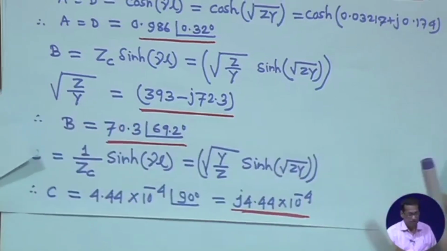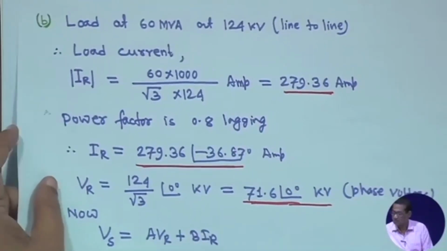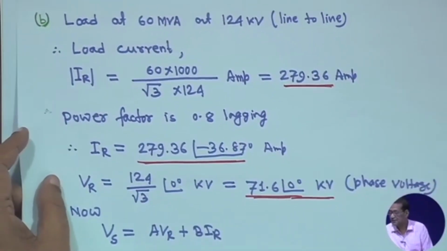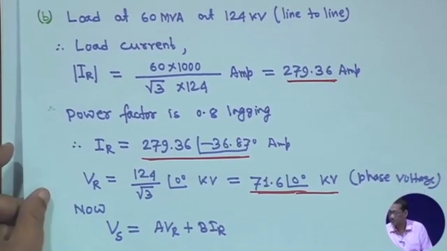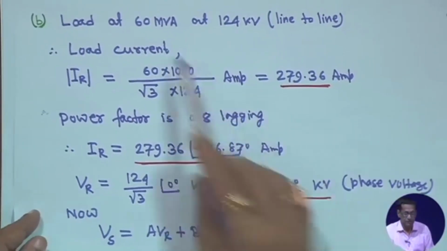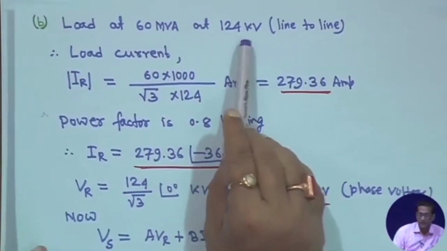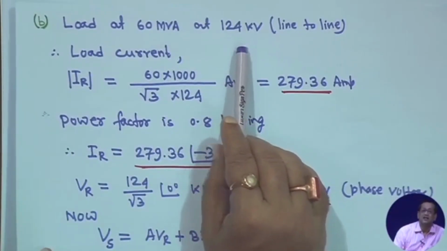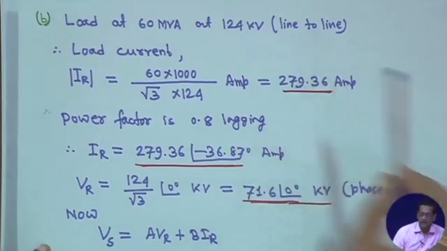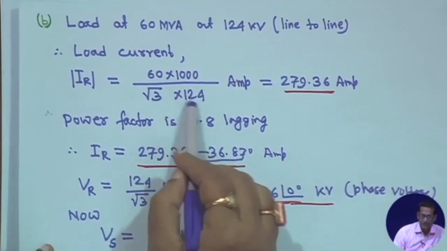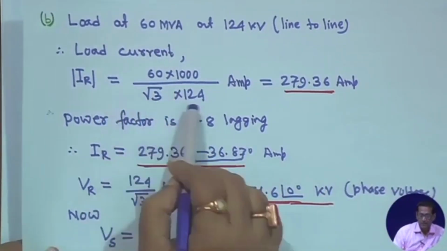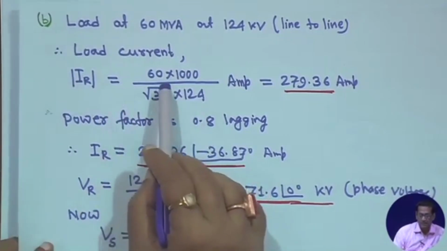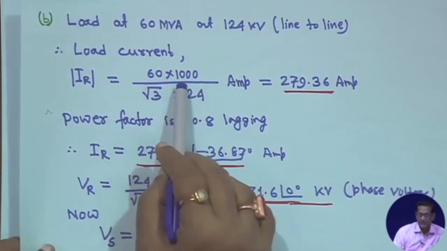These are over. Now, next is part B: you have to find the sending end voltage, current and power factor. The load is 60 MVA at 124 kV. If nothing is mentioned, you have to assume this is line to line voltage. The load current is the same as before: root 3 V I is equal to MVA, so it is 60 into 1000.